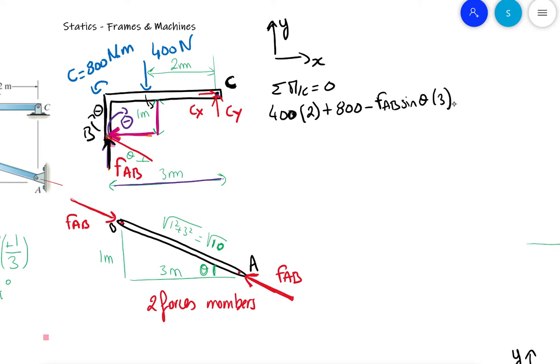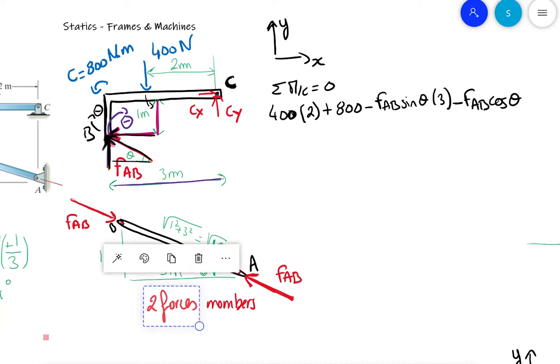That's a lot of things to think about. So minus FAB, and this is the same as this one, so cosine theta. And just be careful, you cannot change the force, this vertical force, this horizontal force over there, because the distance will be different. You need to write all the arrows together or all the tails together, but you cannot put one with the arrows and one with the tails.